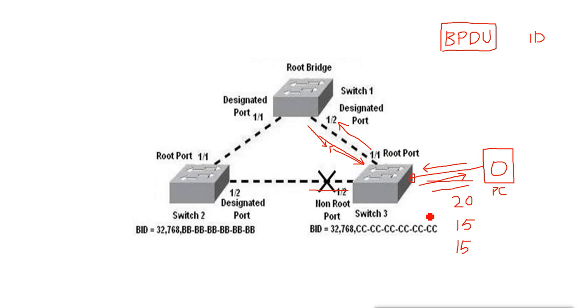If we have other machines connected to the switch, it will learn their MAC addresses to create the CAM table, the MAC address table, because it has to forward the data for them. But still it will not forward any data. It will remain in this state for 15 seconds.